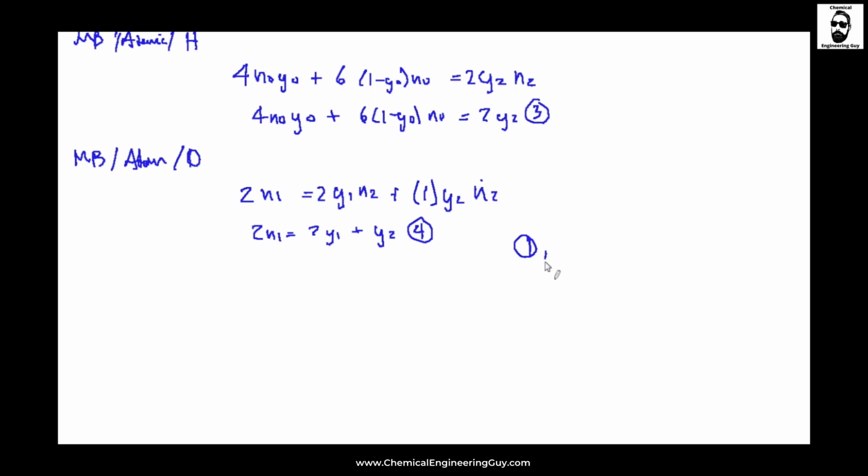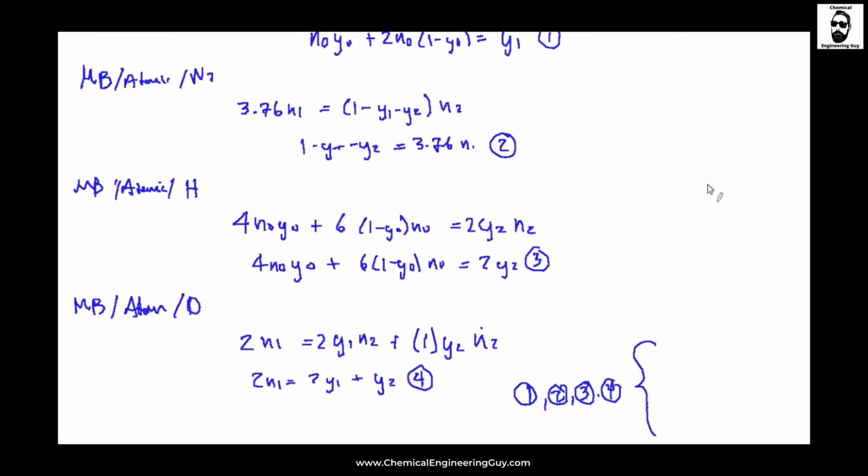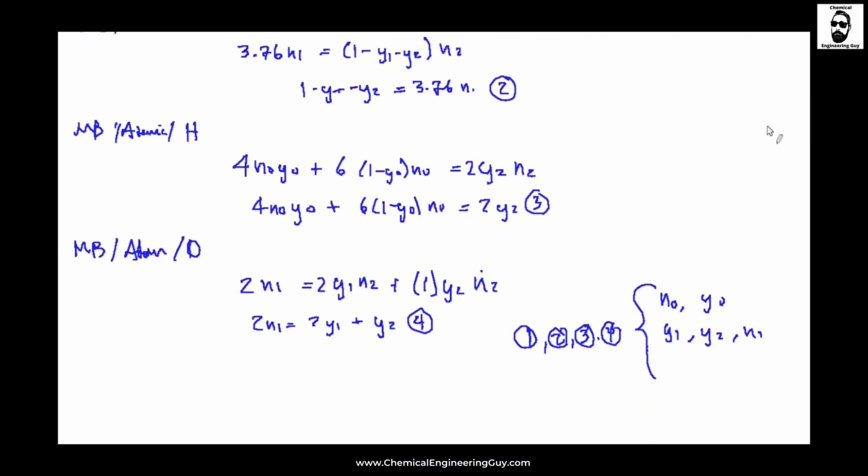So from equations 1, 2, 3, 4, we got this. We need N0, Y0, Y1, Y2, N1. So we have 5 equations.